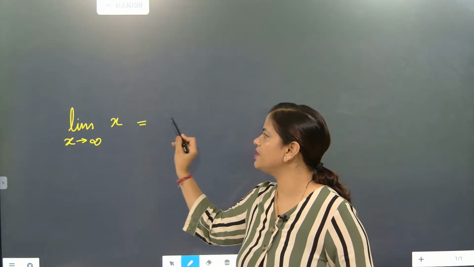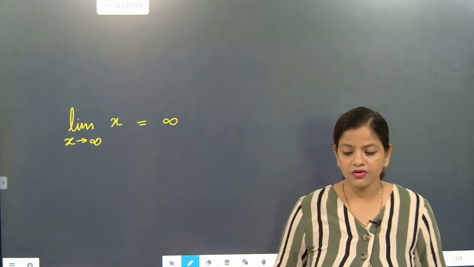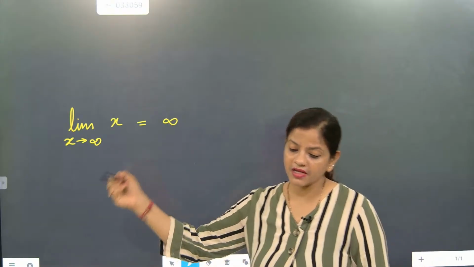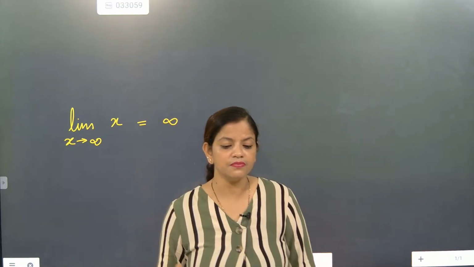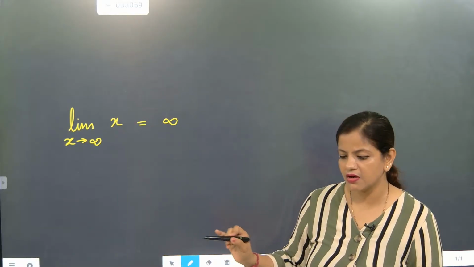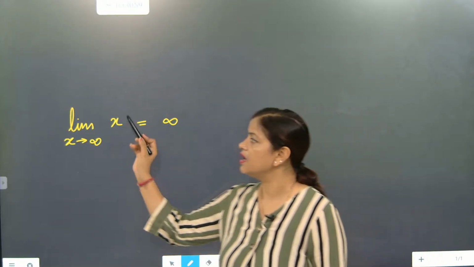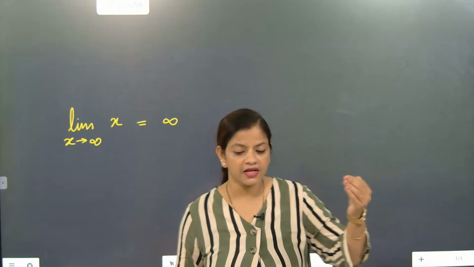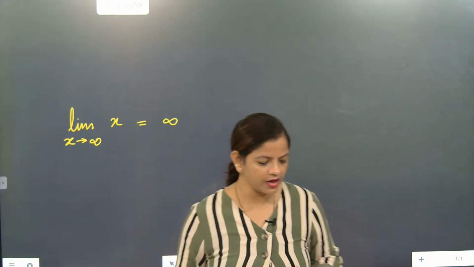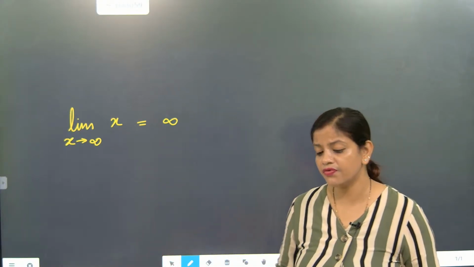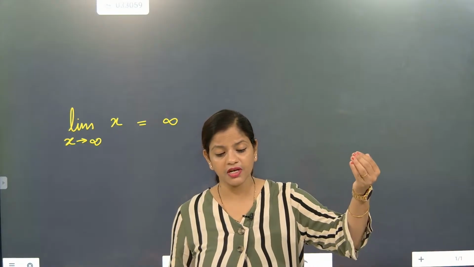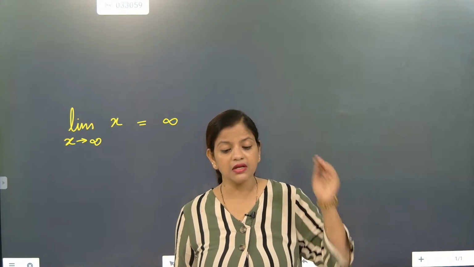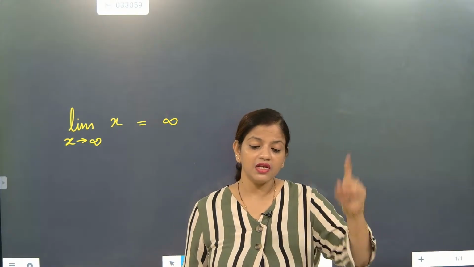The value coming is infinity only, because at the center the value is coming as infinity. This is a very simple concept. I did not make it any difficult here. When x is written, it will directly come as infinity. So now here, if limit will be tending to infinity, we don't need x tends to infinity. We need 1 by x.